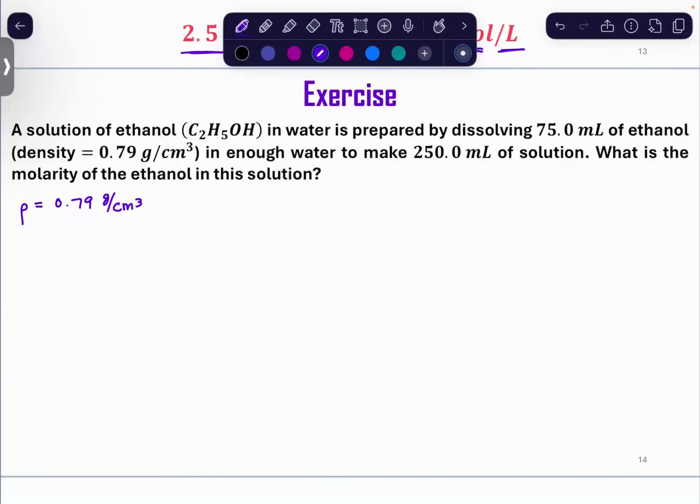I know I'm working with molarity, and so I'm going to need things in liters. So my conversion, I remember, I'm writing down things that help me solve the problem: 1 milliliter is 1 cubic centimeter. The volume of my solution is 250 milliliters.